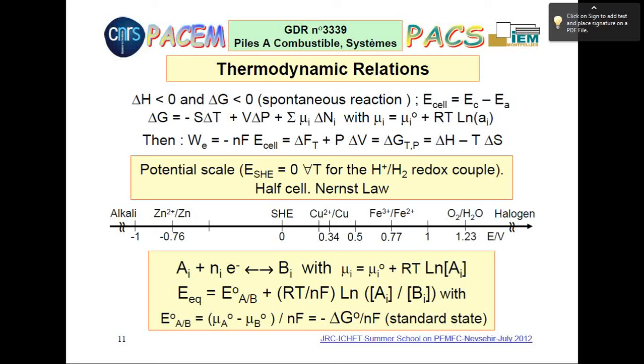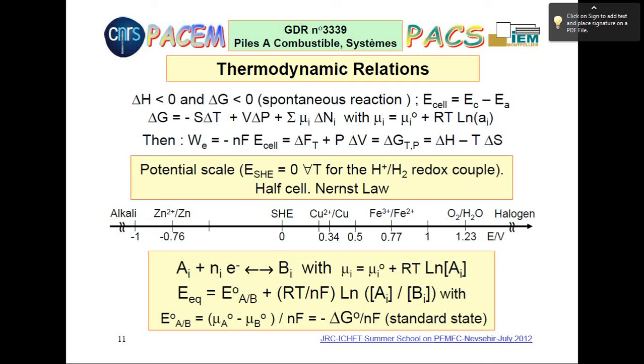And at the extremity, you have the alkali metals, for example, sodium. Sodium gives you Na plus and one electron, and the standard potential is minus 2.7 volts, whereas for lithium, you have minus 3.1 volts. So you have a very large scale.